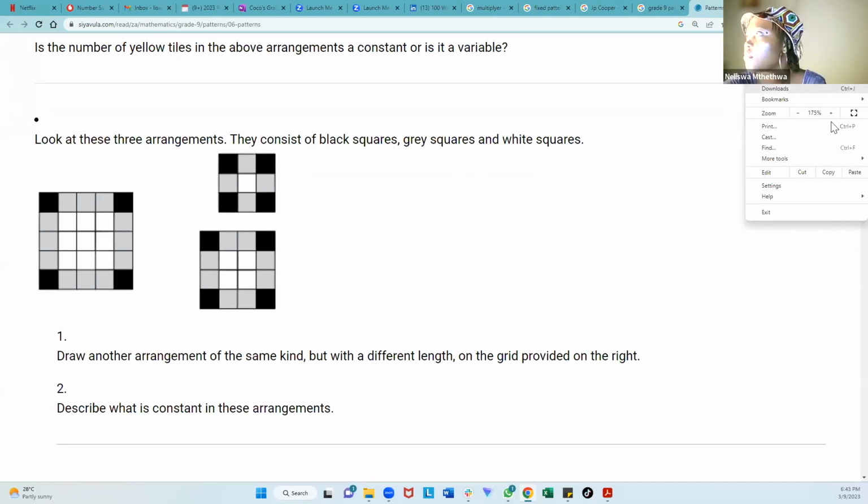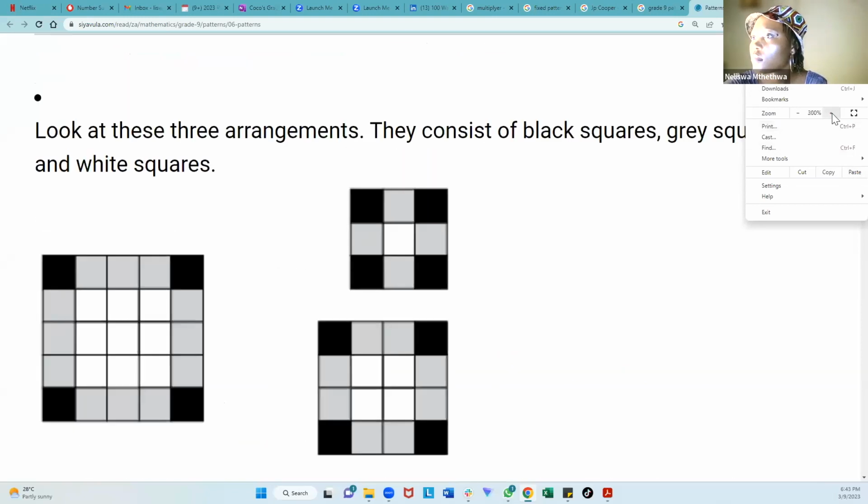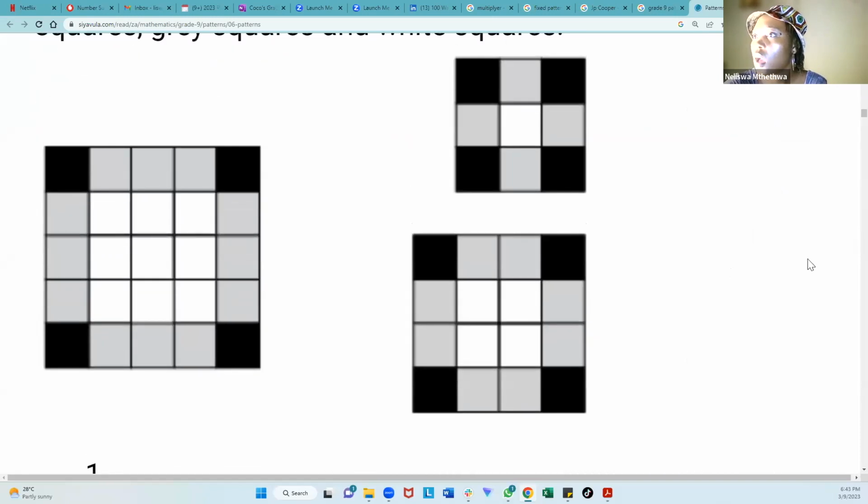No, ma'am. Okay, these are the arrangements, the squares. Okay, we said teacher Kat is here. I'm gonna stop sharing my screen.